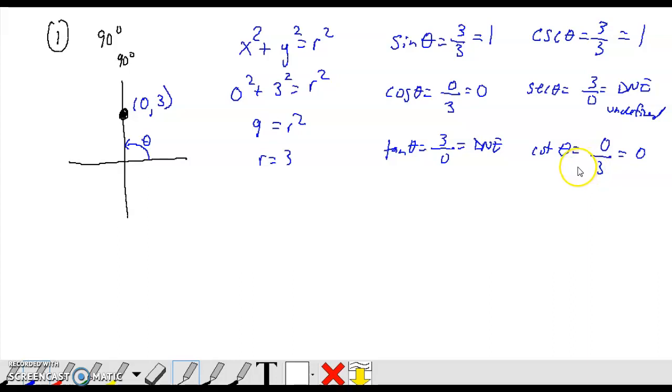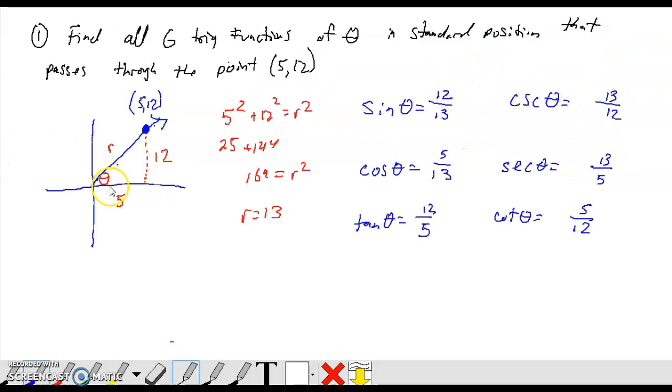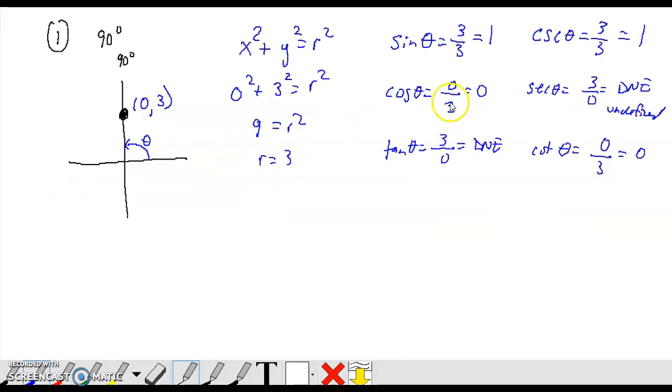Now the other thing here is this. Unlike the problem before, where we didn't know what our theta was, this one I actually do know what my theta is. So instead of writing theta, I can replace all of these with the actual number that I know. This is actually 90 degrees: 90 degrees, 90 degrees, 90, 90, and 90.